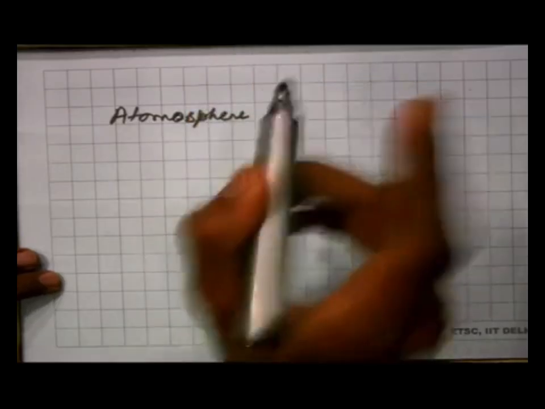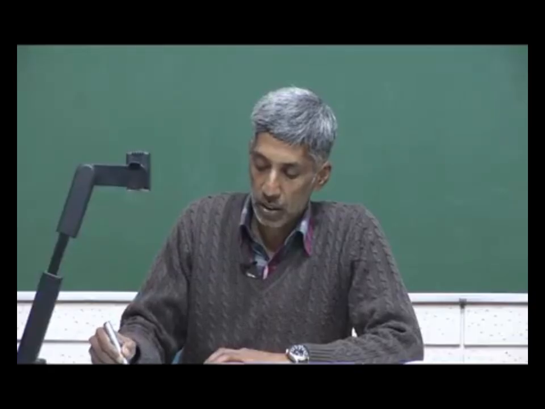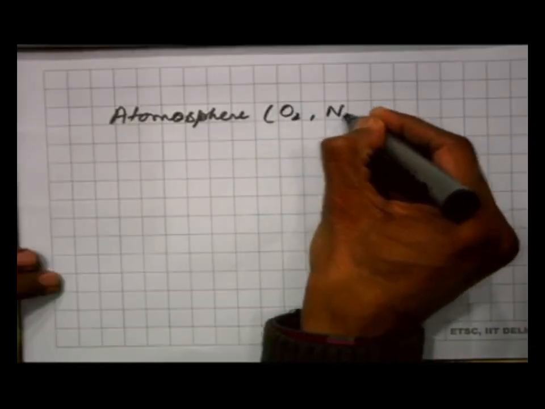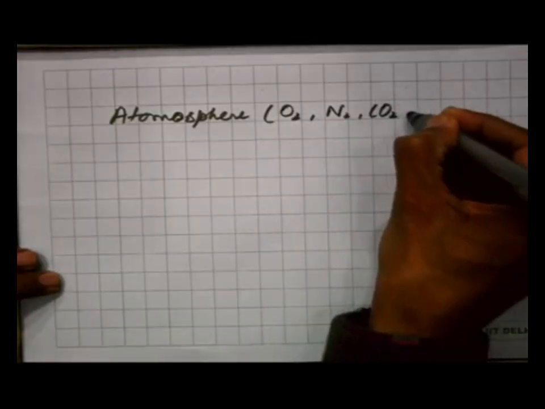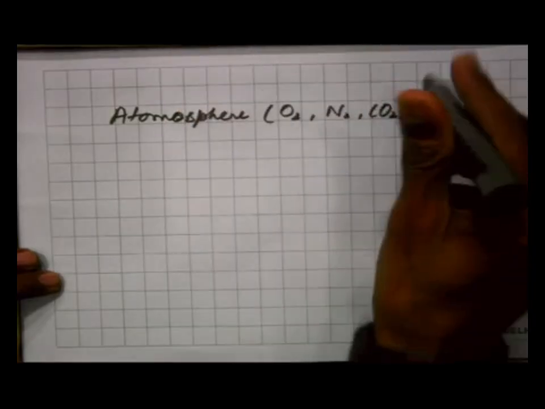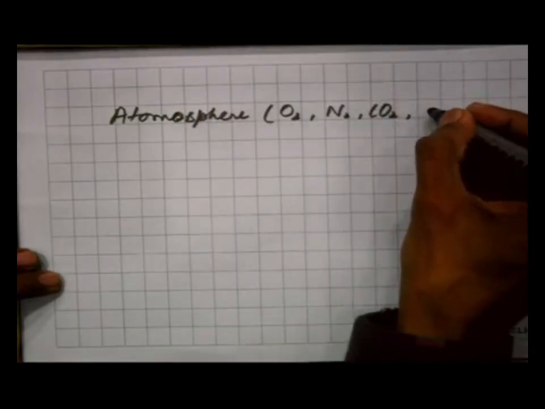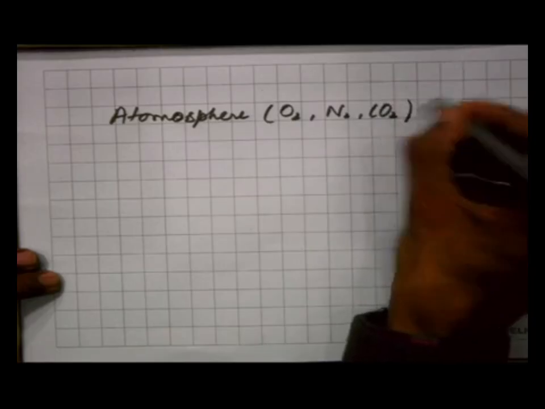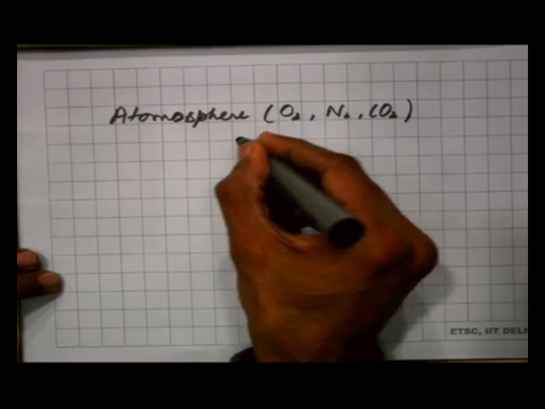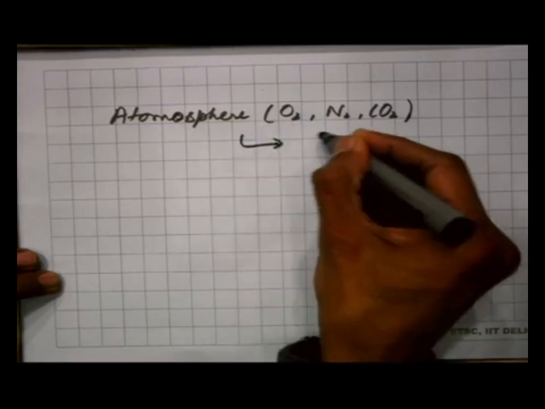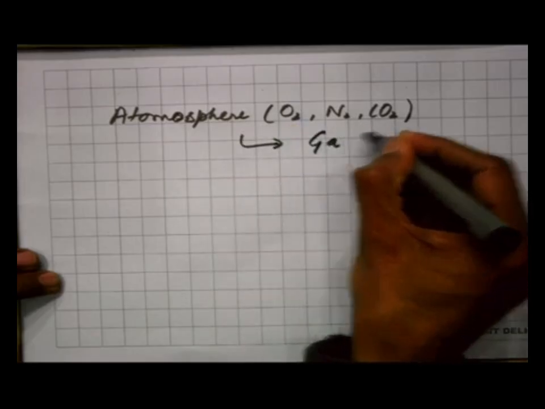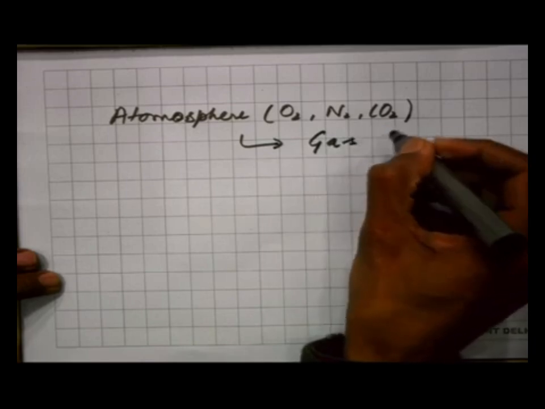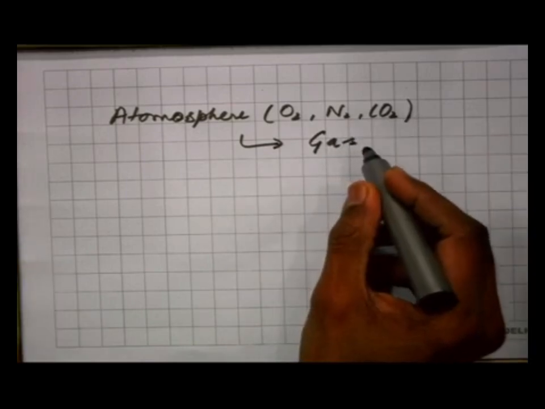The atmosphere is composed of gases, that is oxygen, nitrogen, carbon dioxide, and if you happen to live in Delhi like I do, then lots of other things which we will not concern ourselves with. So, the atmosphere is a gas. Oxygen obviously is of great importance to us and our lives.